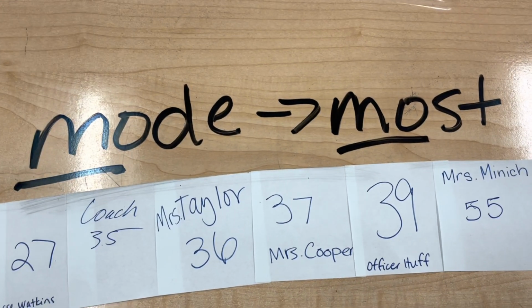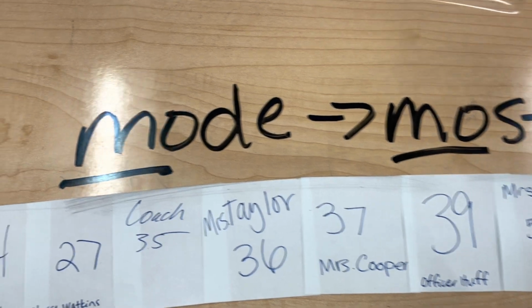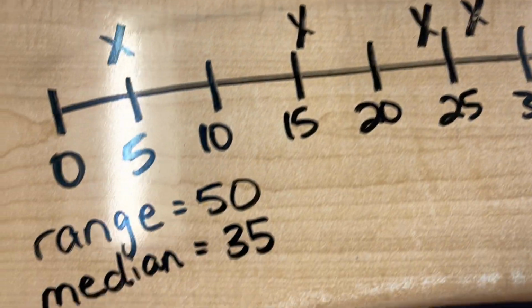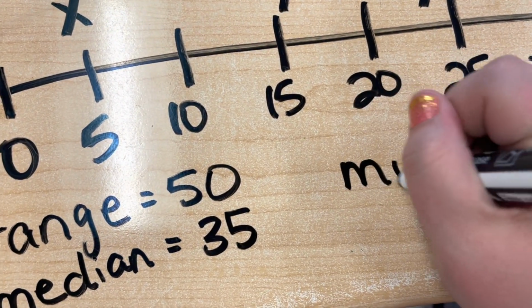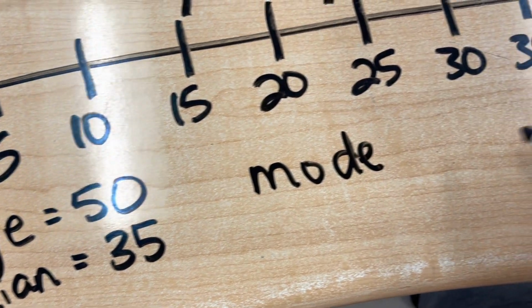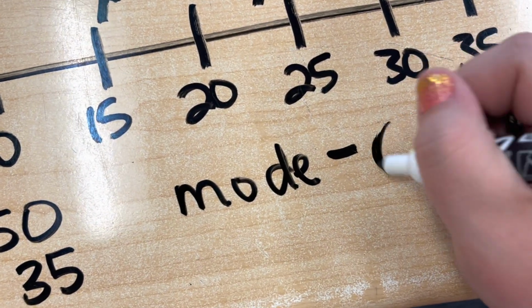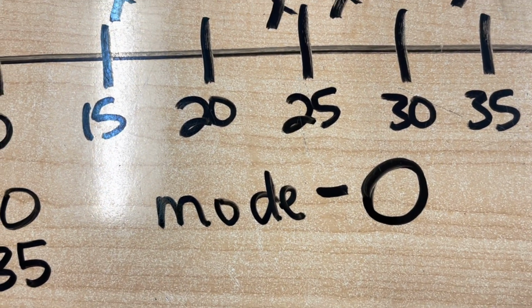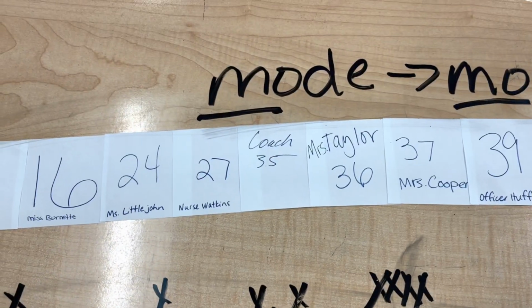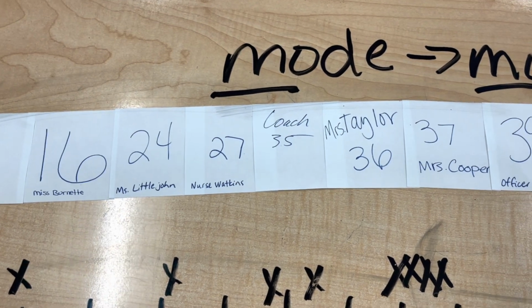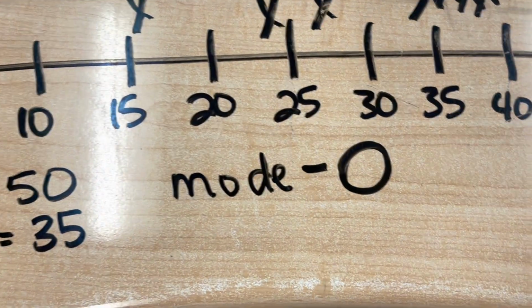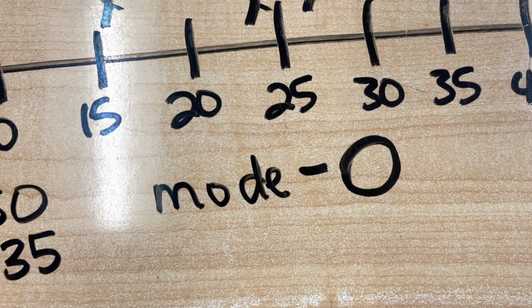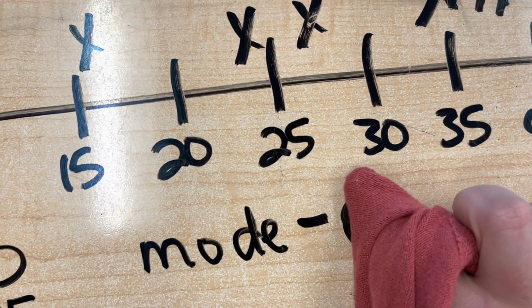So what that means is for this set of data, our mode is not 0, okay? Because that would mean there is a 0 on here and you see it more than one time. You would never write your mode is 0 unless it actually was 0.